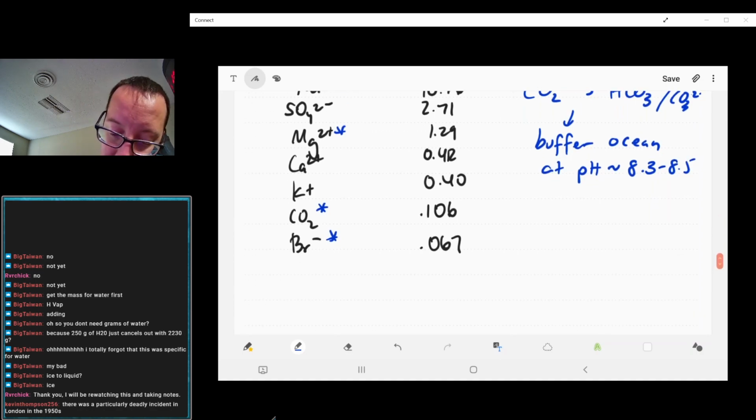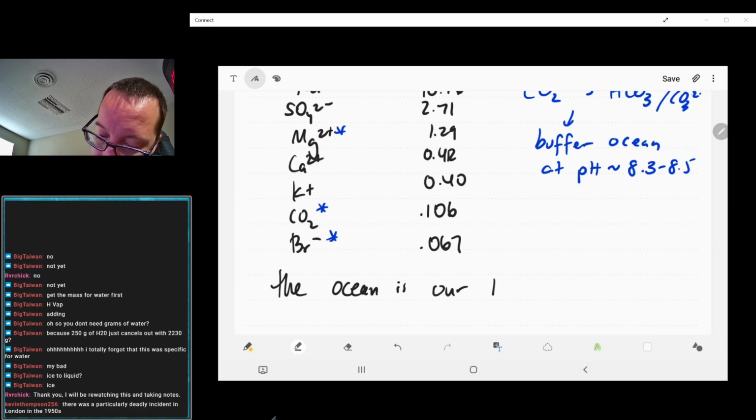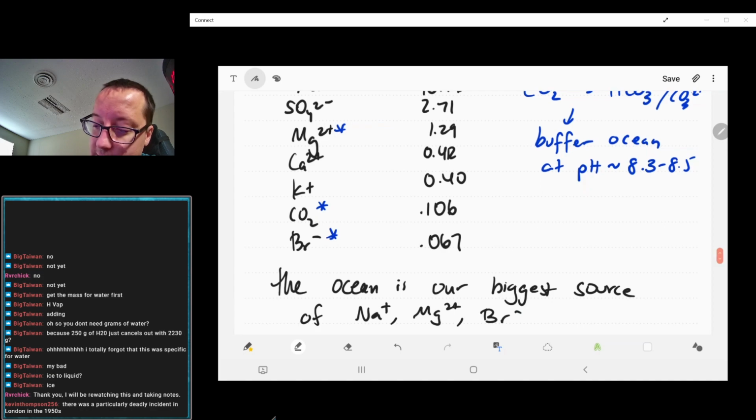But the ocean is our biggest or most consistent source of sodium, magnesium, and bromide ions.